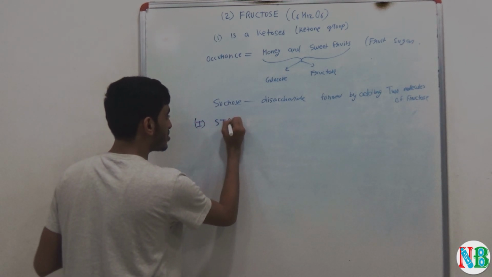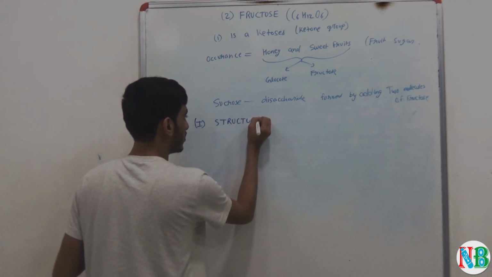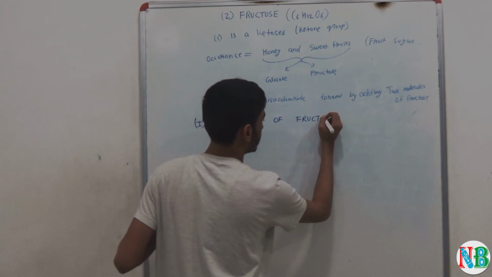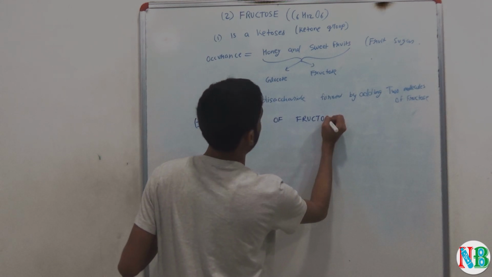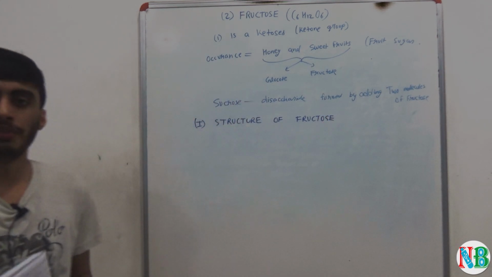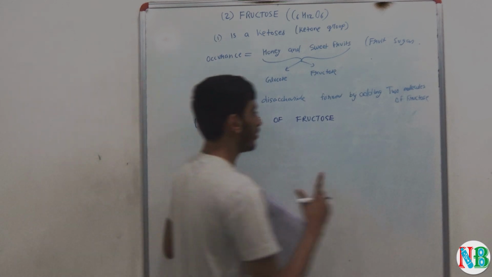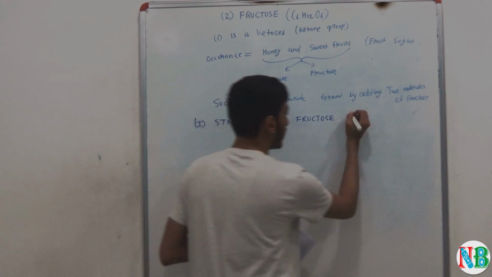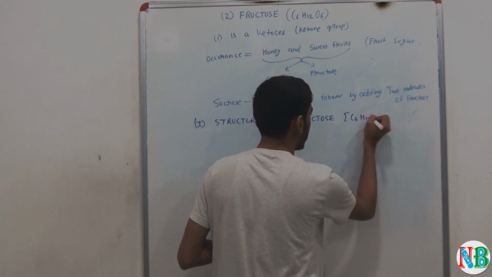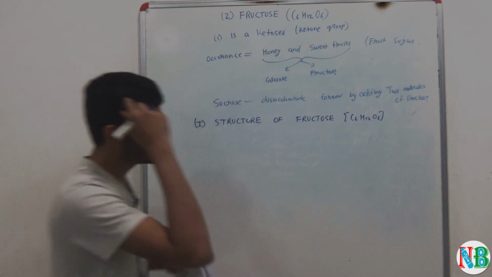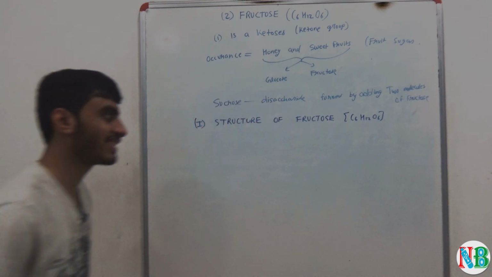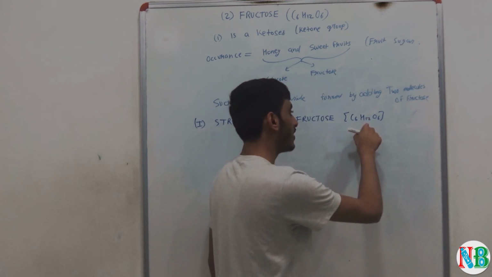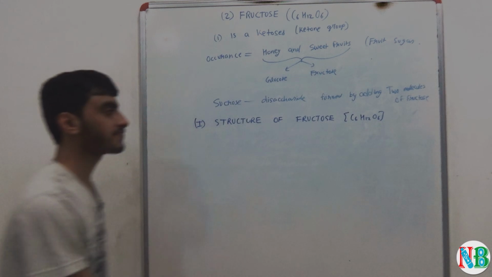So now comes the structure of fructose. The first thing, the formula of fructose, is C6H12O6. Fructose contains 6 atoms of carbon, 12 atoms of hydrogen, 6 atoms of oxygen.